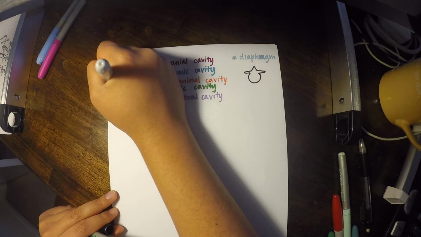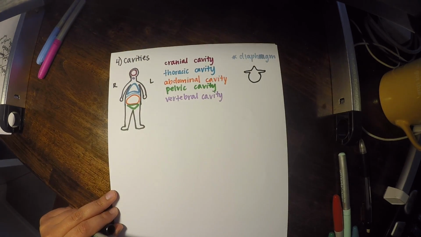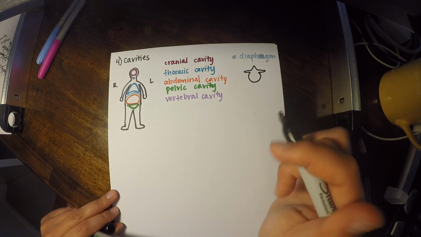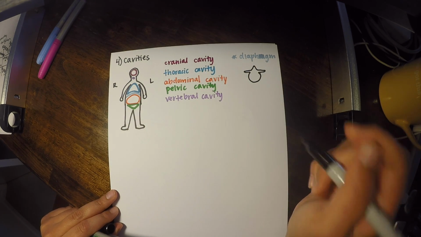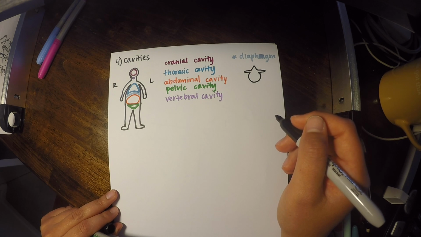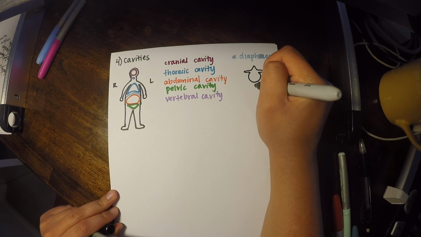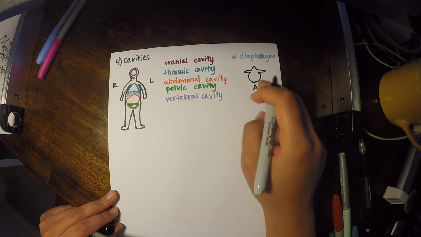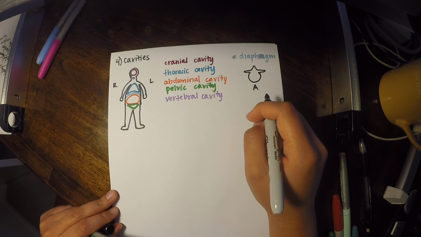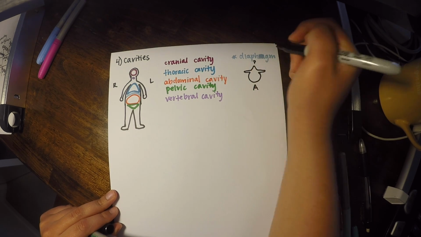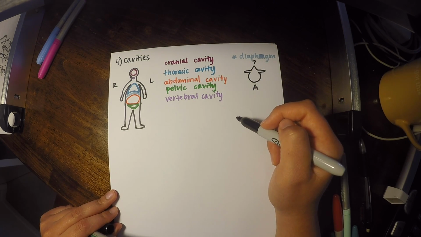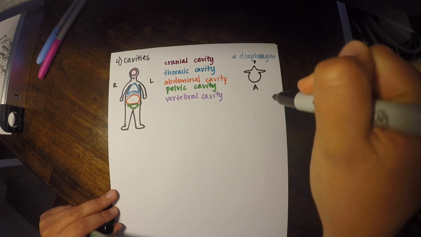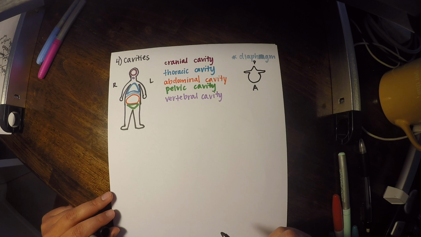Remember how I drew right and left when we're talking about someone in terms of anatomical position? In terms of the front and the back of someone, we're going to talk about it as anterior and posterior, those terms that we just learned. So anterior is the front, so I'm going to draw an A for anterior. This is the front part of this bone, and this is the back part where I'm going to draw P. And this is a superior view, meaning we're looking down from the top of someone.